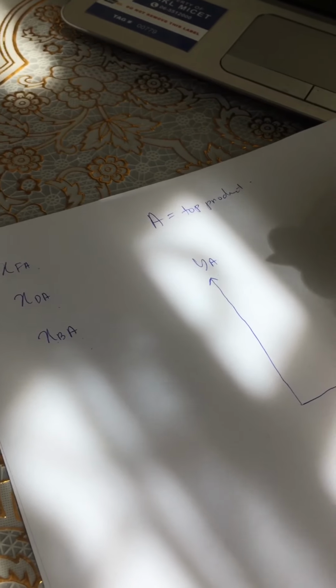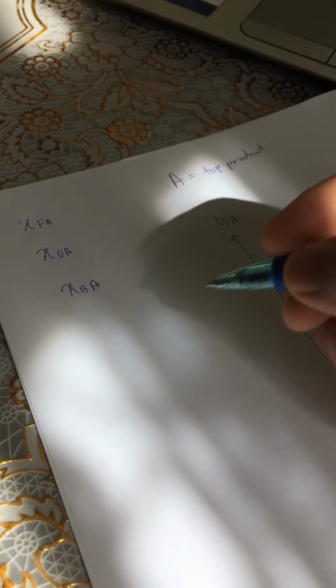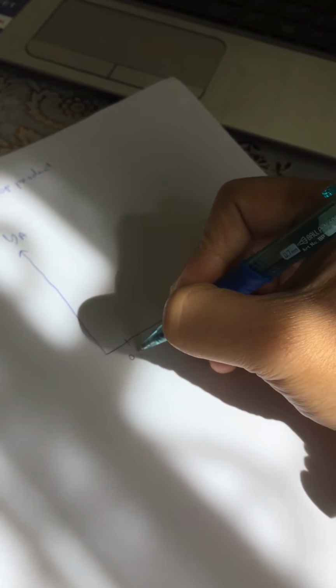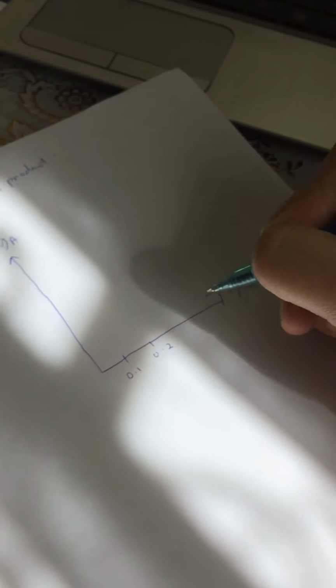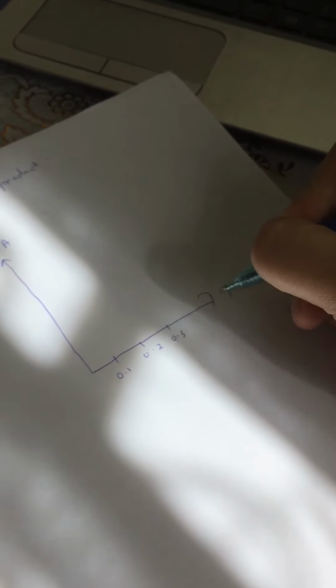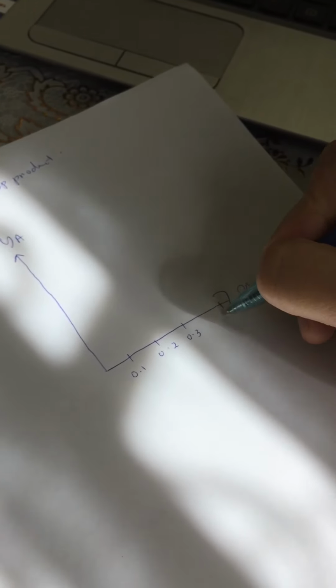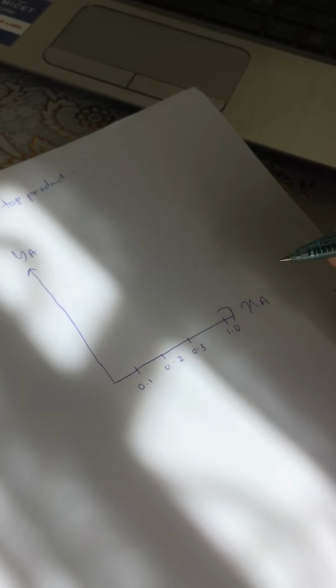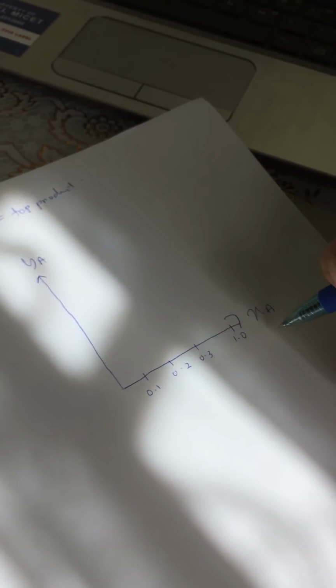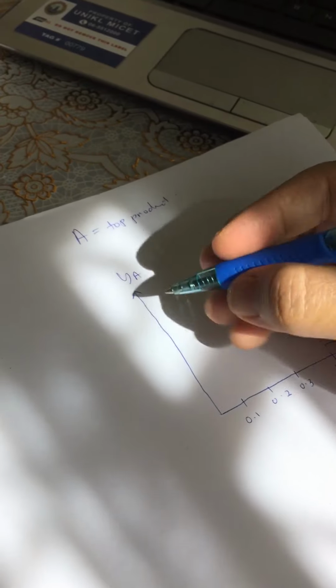So the first step, in order for you to calculate the number of stages, first thing first, you need to draw the axes of the graph, which is YA versus XA, and you use the scale 0.1, 0.2, 0.3, and you proceed until the end of the graph paper, which is 1.0. By using the same scale as the x-axis, you write down the y-axis.